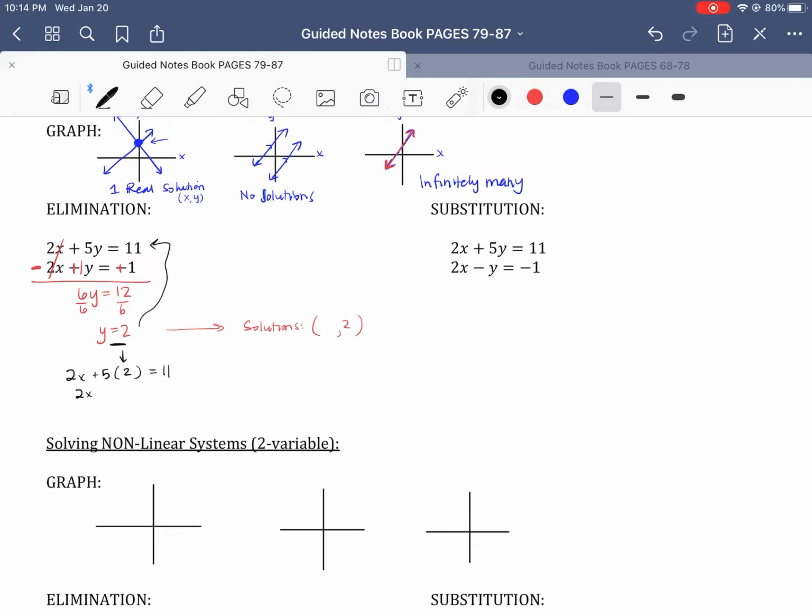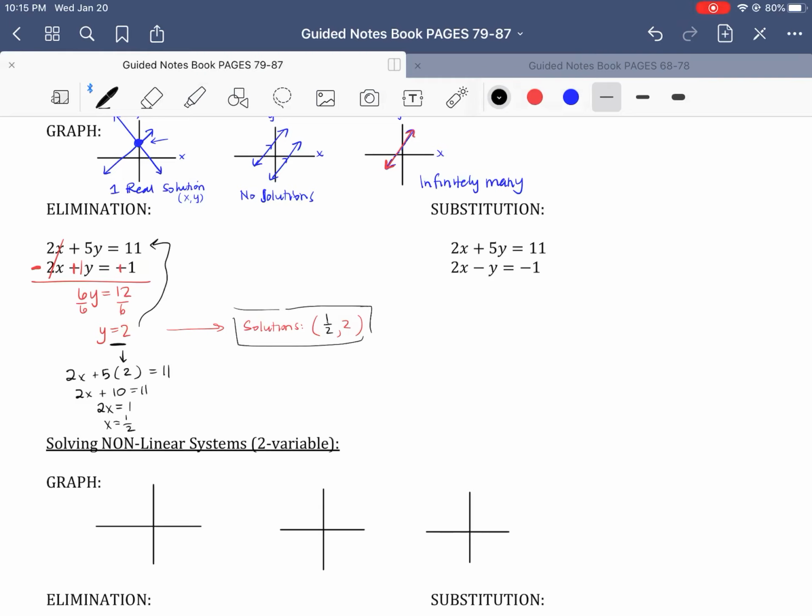We can simplify this. 2x plus 5 times 2 is 10. Subtract the 10 over, and 2x is equal to 1. Divide by 2, and x is equal to 1/2. So in this case, your solution there is the point 1/2, comma 2.